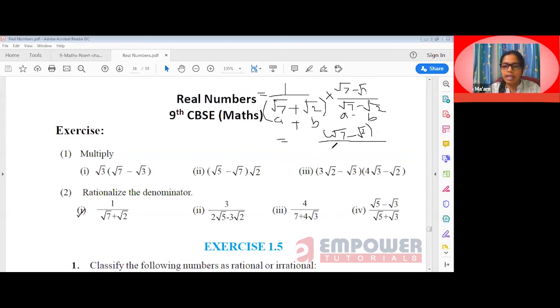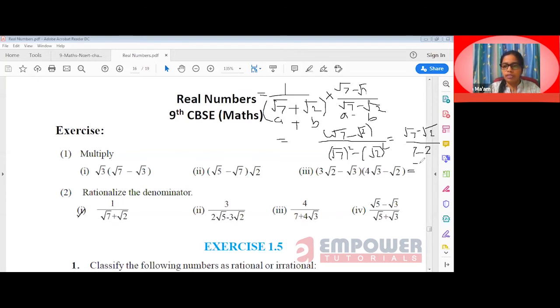So ultimately I will get square of root 7 minus square of root 2, so this will be equal to root 7 minus root 2 upon 7 minus 2, because square of root 7 is 7 and square of root 2 is 2.